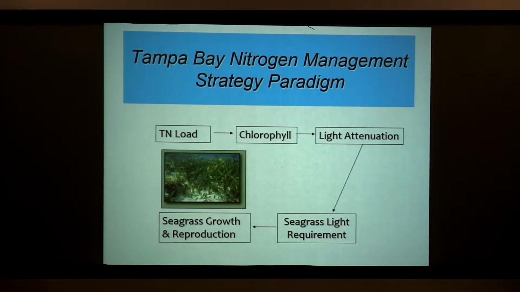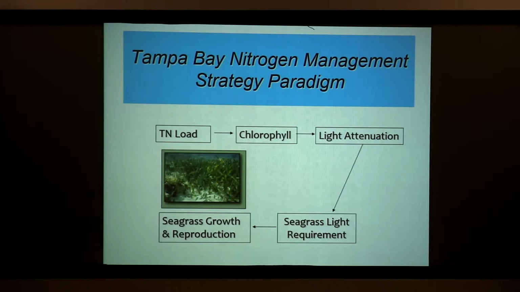Then through a series of mechanistic and empirical models, we're able to relate this light attenuation goal to specific chlorophyll A concentrations. They're different for different parts of the bay, but they range from around 4 micrograms per liter in the lower part of the bay to about 12 in the upper part. So again, that chlorophyll concentration allowed us to reach the light attenuation goal, the seagrass light requirement, and the seagrass growth and reproduction goal. And then again, through a series of models, we're able to relate that chlorophyll A concentration goal to a very specific total nitrogen loading goal.